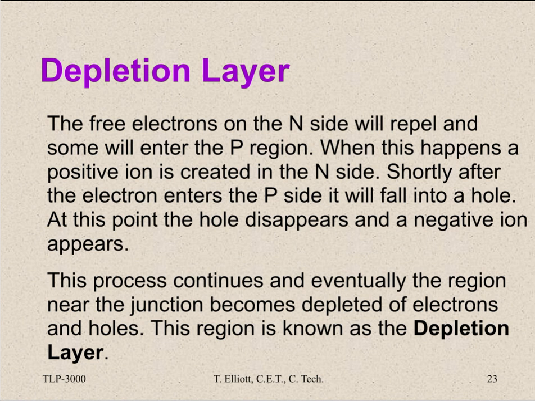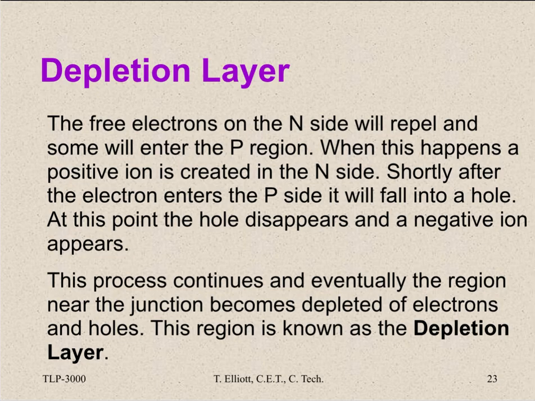In that depletion region, that's separating the P and N side, or the anode and cathode side, if you prefer, the free electrons on the N side repel, and some will enter the P region. When this happens, a positive ion is created on the N side, an absence of an electron. Shortly after the electron enters the P side, it will fall into a hole.